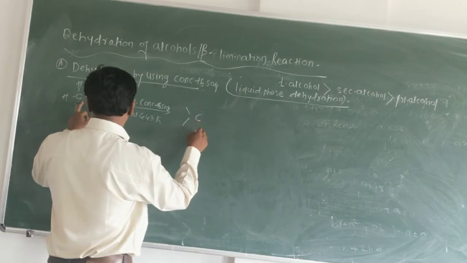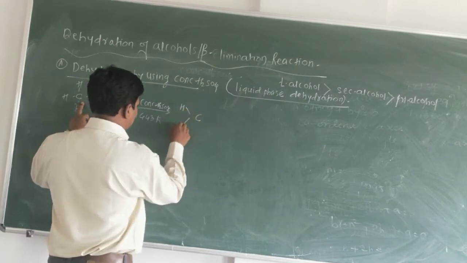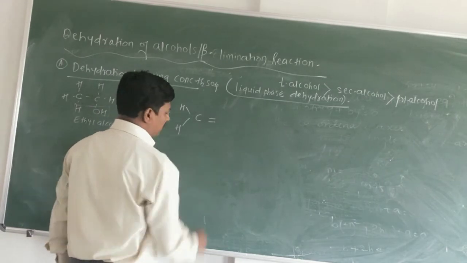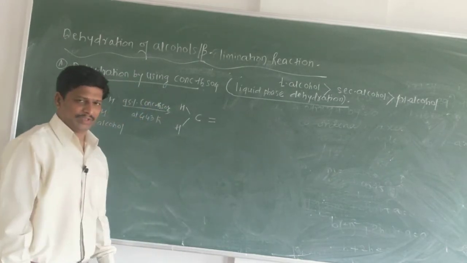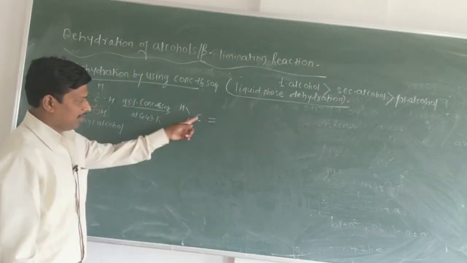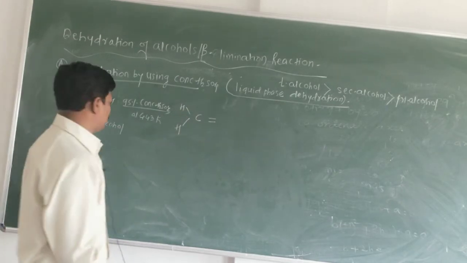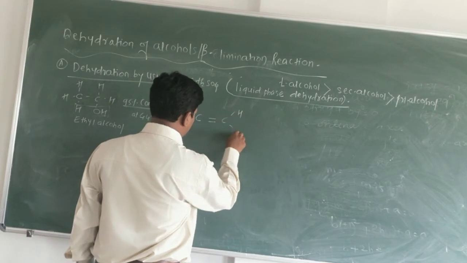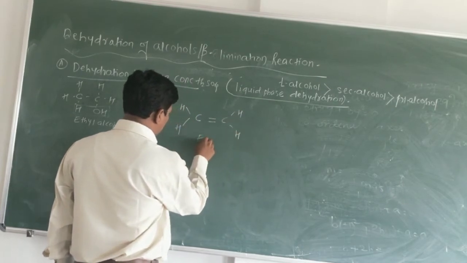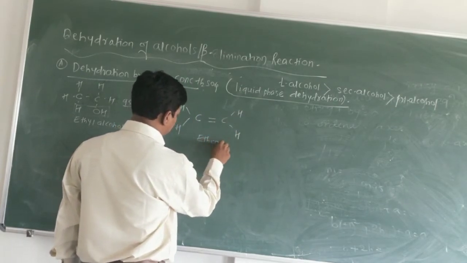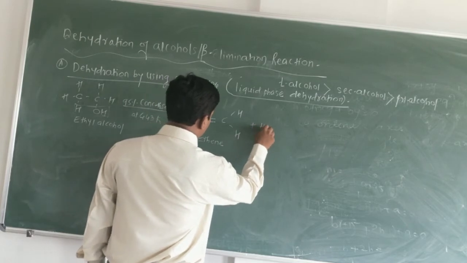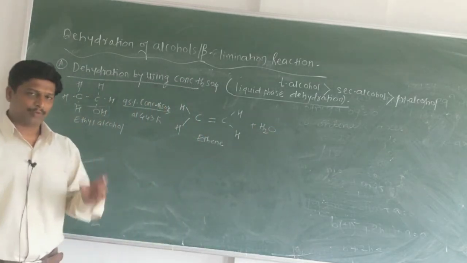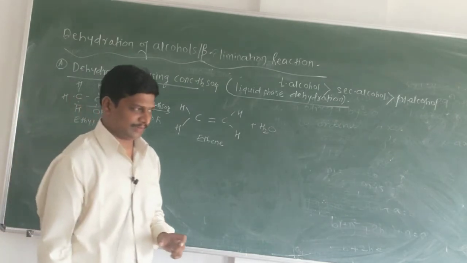So the carbon with two hydrogen atoms, on removal of the H2O molecule, converts into a carbon-carbon double bond, with two hydrogen atoms on the other carbon. This is the formula of ethene or ethylene, and in the dehydration reaction the product is an alkene.